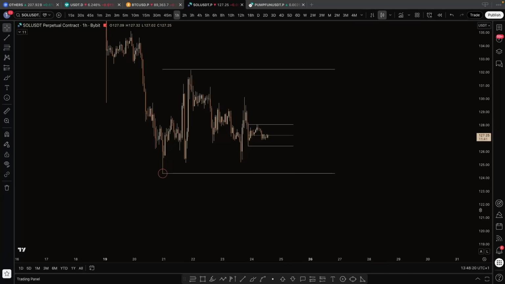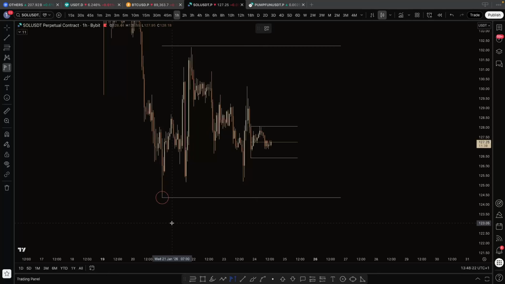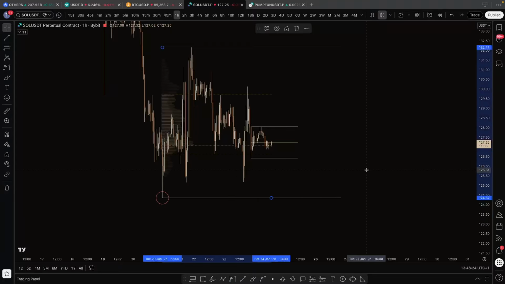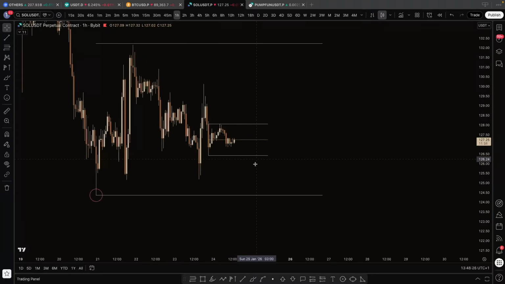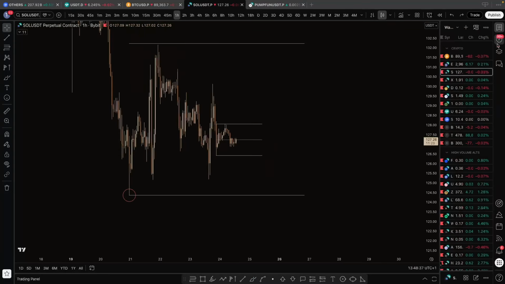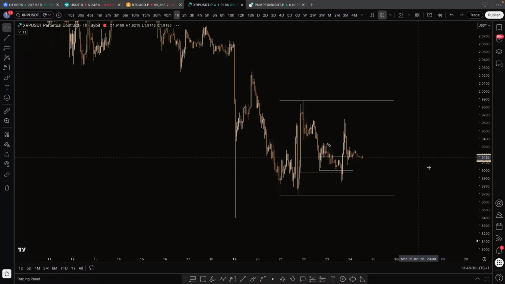You can watch for potential schematics, but that's internal range price action. Always be more cautious when trading it. You can watch for potential distributions or accumulations in there, but always be more cautious when trading scalps, especially on the weekends. Let's go to XRP.